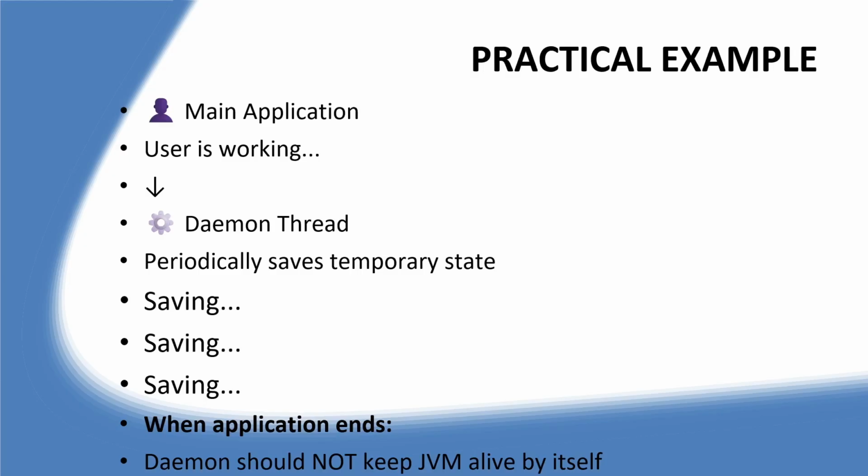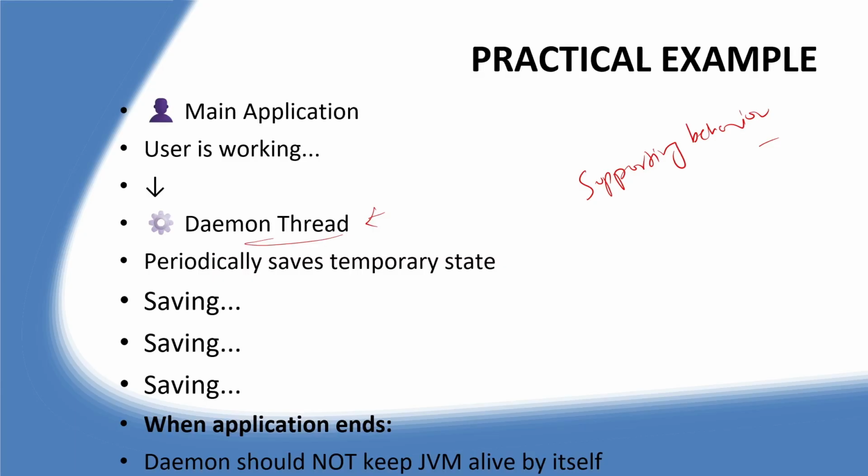We may not want this background helper by itself to keep the entire JVM alive after all primary application work has ended. That kind of supporting behavior can be a conceptual use case for a daemon thread. But there is an important warning: critical data should not depend on a daemon thread. Always remember, critical data should not depend on the daemon thread.